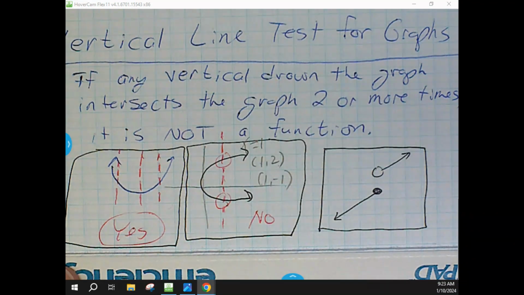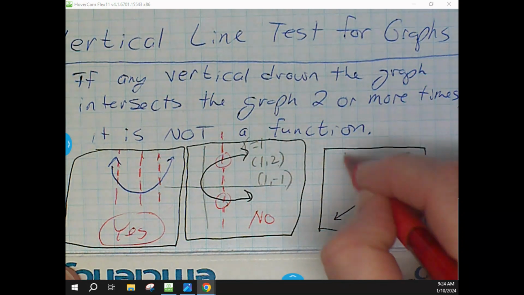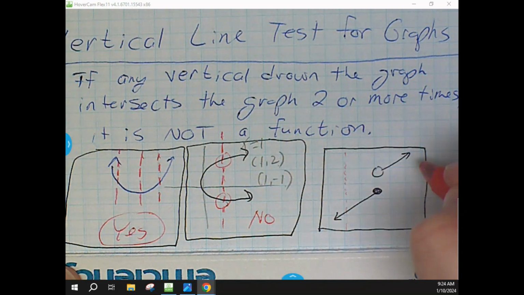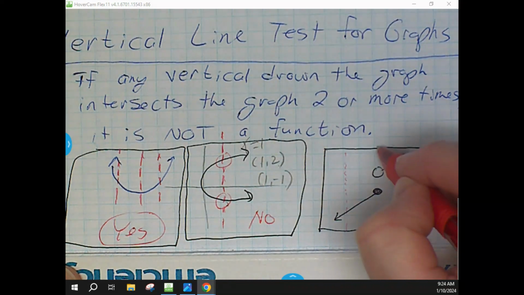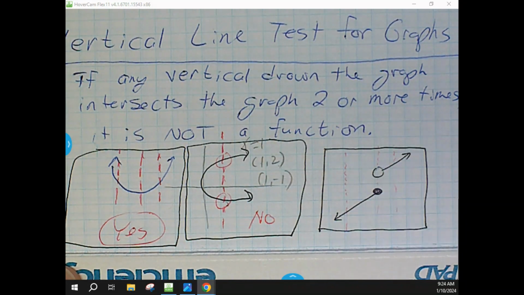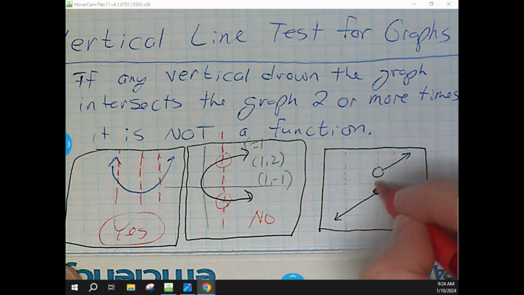Over here, you're good because you've got your vertical line going this way. You're only going to hit it one time. Over here, you're good. You're only going to hit it one time. It's this one that's here that if you draw this vertical line, that gets to be the issue, right?